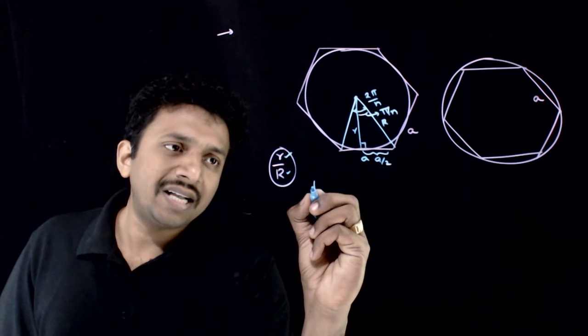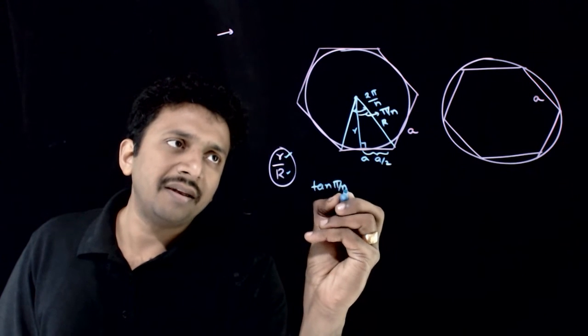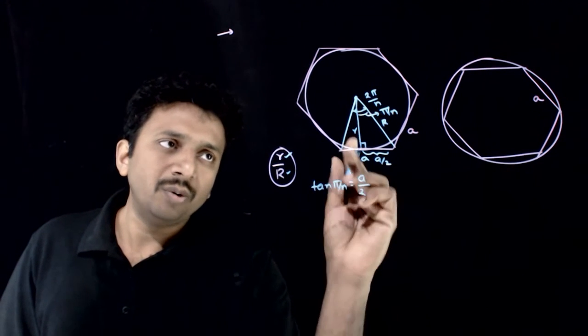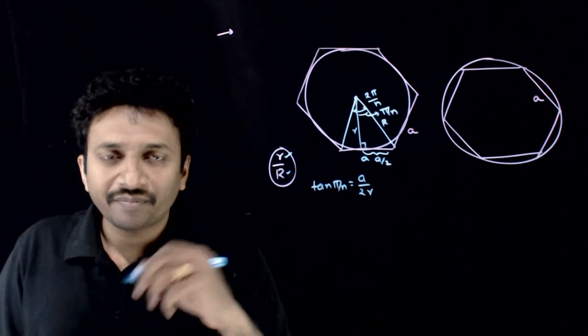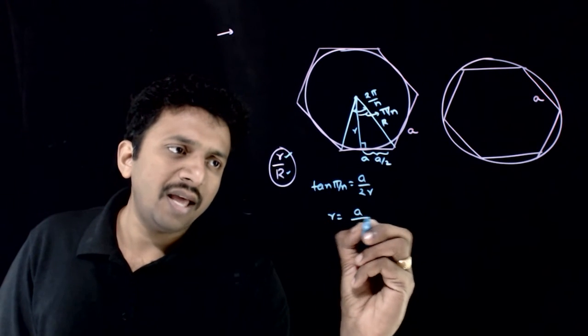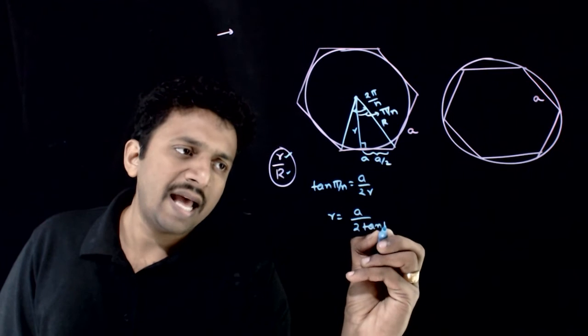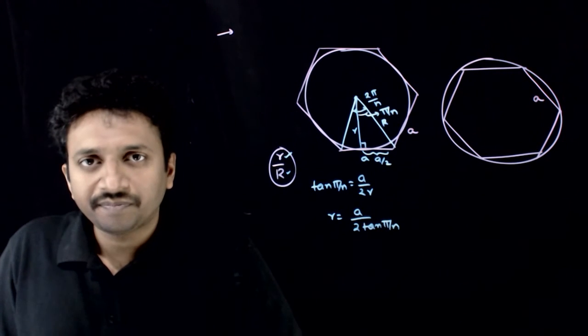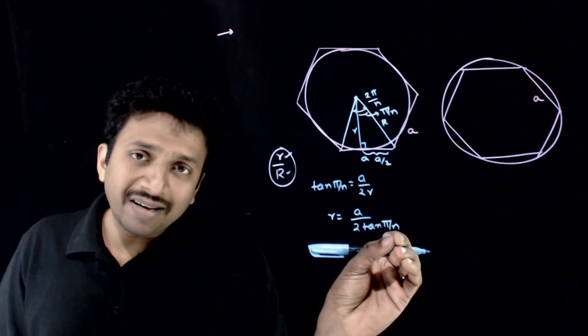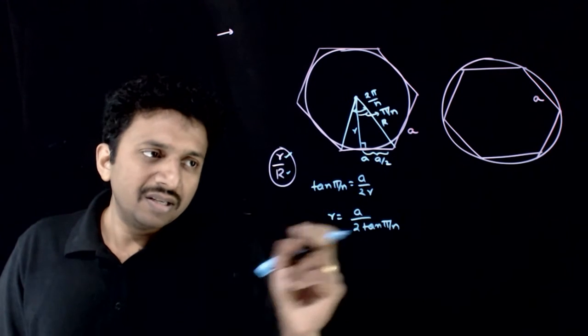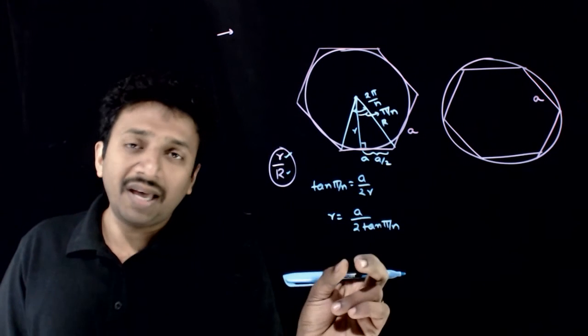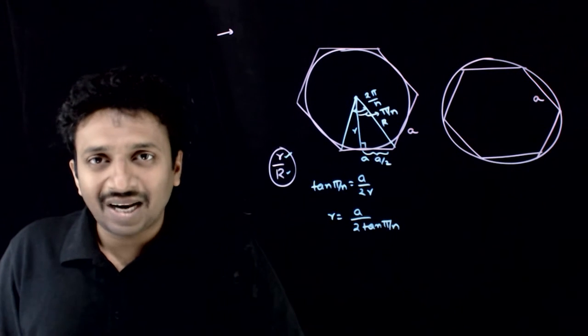So can I say that tan of pi by n is equal to a by 2r. So r is equal to a by 2 tan pi by n, where n is the number of sides of this polygon. So if you calculate a by 2 tan pi by n, you get the inscribed radius.